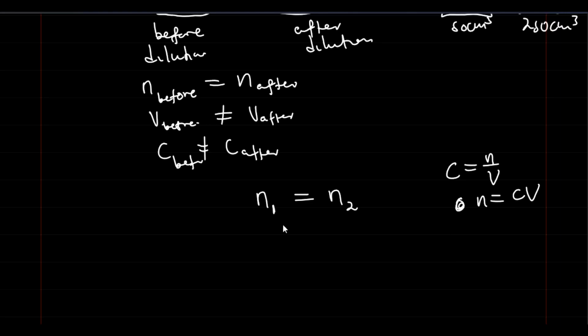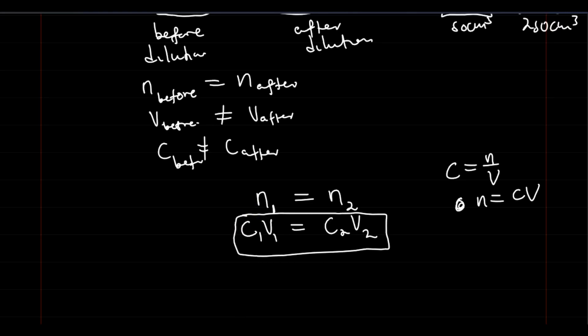So I'm going to replace these n's with C and V. Here I will have C1 V1, inheriting the subscript 1 because it's before dilution, and here after dilution, C2 V2. So we have come up with the formula for dilutions. This is the formula that you would use for dilution.